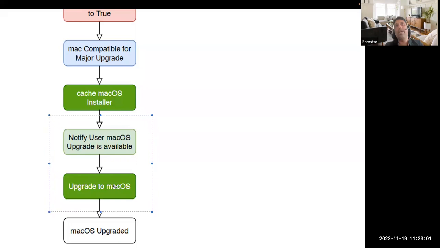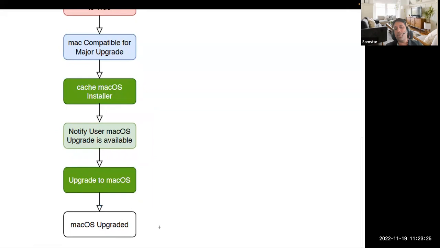Obviously, this policy will have a mandatory description informing them to make sure all applications are closed, all data is saved, and the machine is connected with power, and then start the process. If you are pre-caching your installer, it takes approximately 15 to 20 minutes for the entire upgrade process, and the end device is then upgraded.